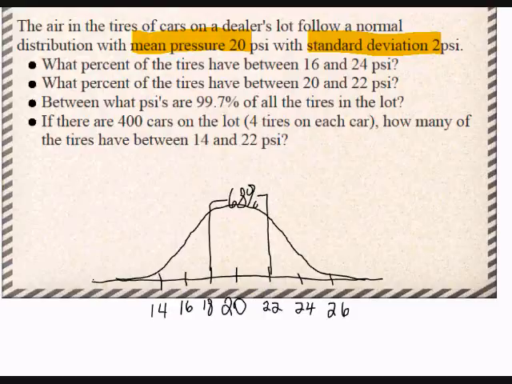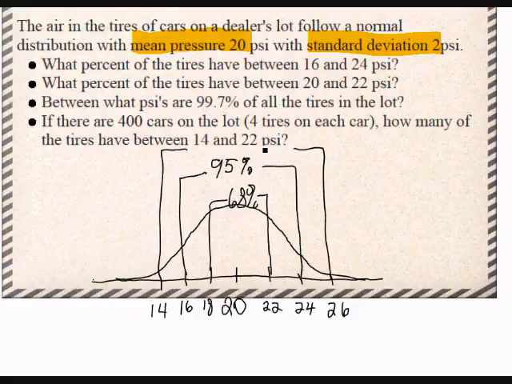We mark the 68, 95, 99.7 first. Then I go to the next standard deviations out, and 95% of the cars have that. Then I go to the third standard deviation out, and I mark that's 99.7.